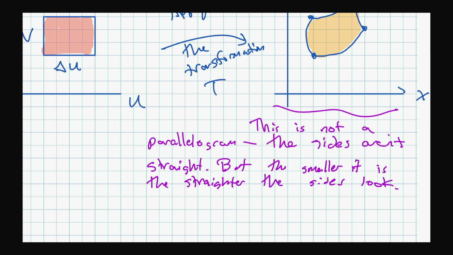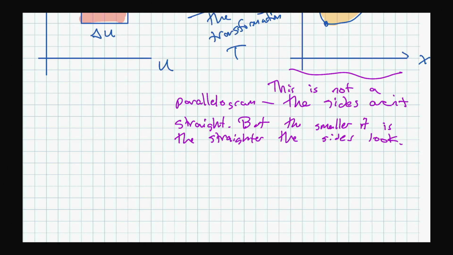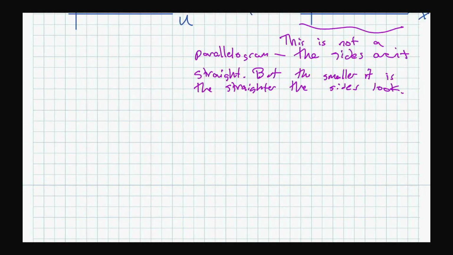That's kind of like how the earth is round, but if you look at the ground, a little piece of the ground looks flat, basically, right? That's because if you only look at a little piece, it looks straight enough. So the smaller it is, the straighter the sides will look.